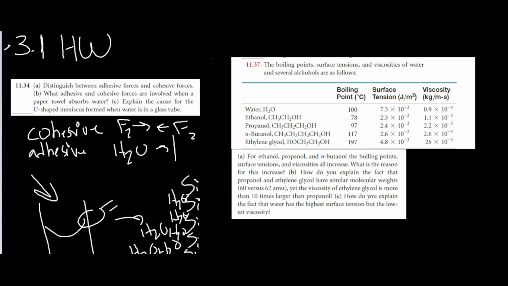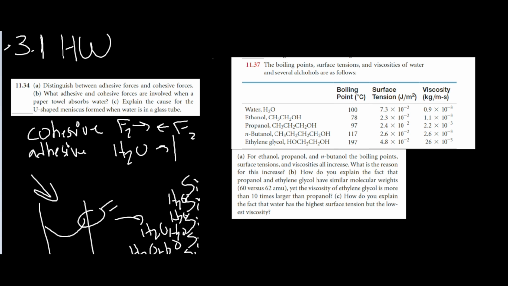But since it is very polar, and the whole molecule is polar, while ethanol, propanol, butanol, and ethylene glycol are polar most of the time, there's only one OH group in comparison to the huge molecules that they are. Like n-butanol has one OH group, and it's like 6 CH3s, so it's not a lot of polarity, in relative terms.